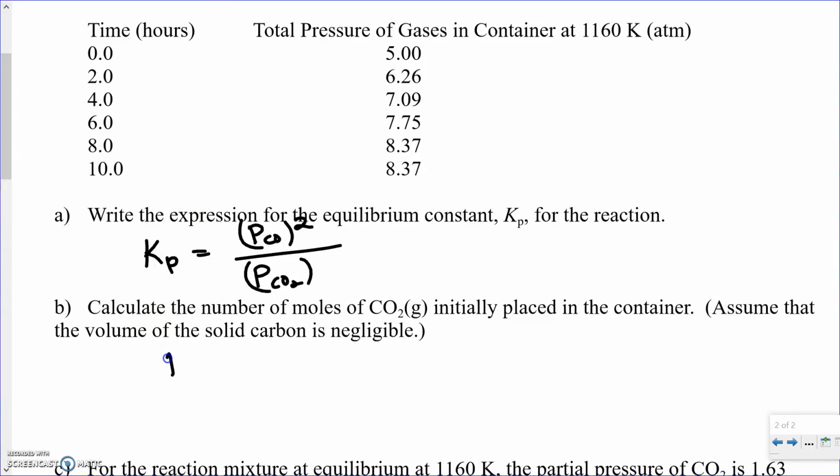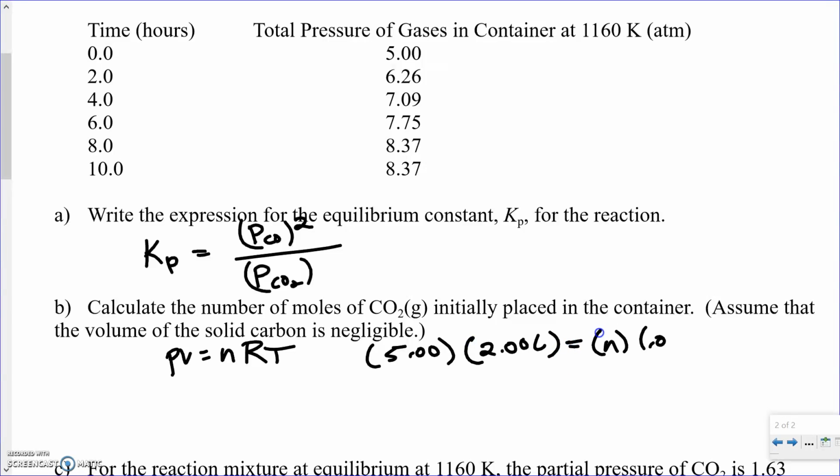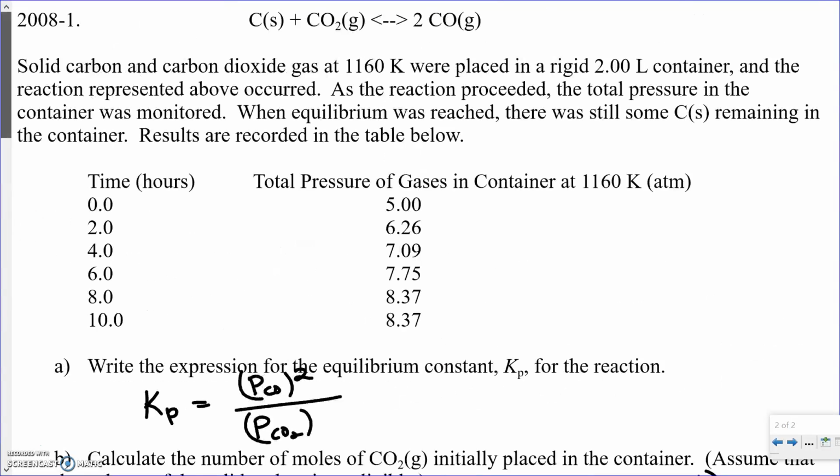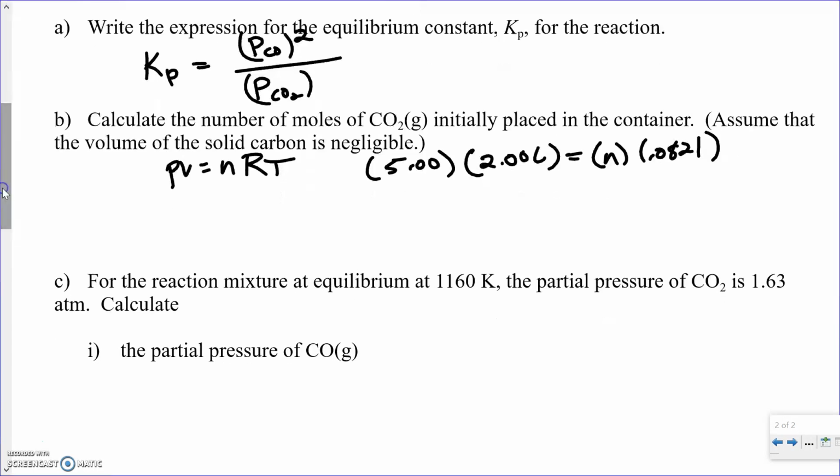Okay, so PV equals nRT, where pressure is 5.00 atms, times a volume of 2.00 liters, and you can go back up and grab that from the top if you want. n times 0.0821, and where we're told a temperature, I believe, is 1160. It is. And that's already in Kelvin, so be careful with that.